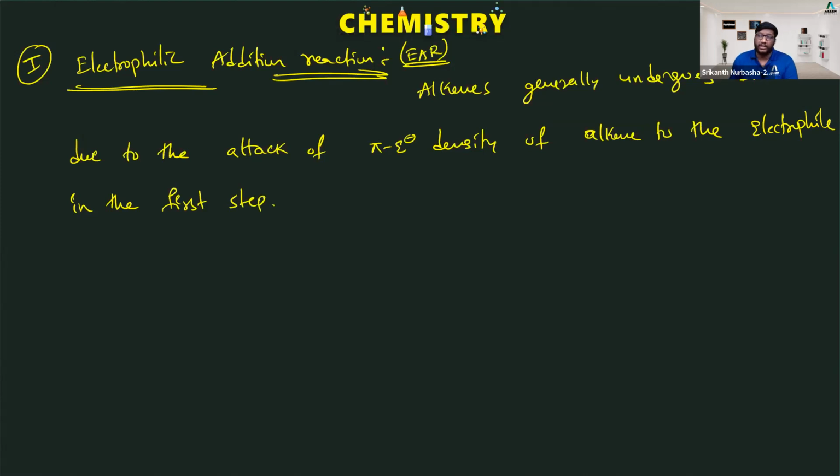The pi electron density of alkene is going to be attacking the electrophile in the first step. So that is why alkenes are generally undergoing electrophilic addition reactions.